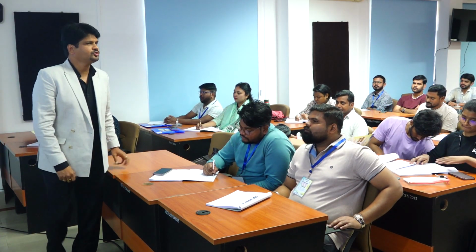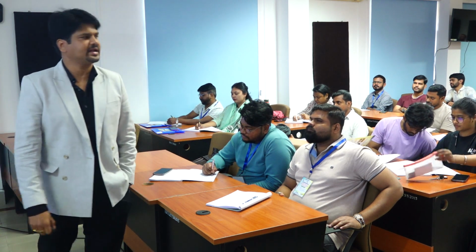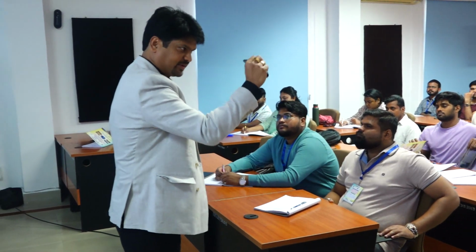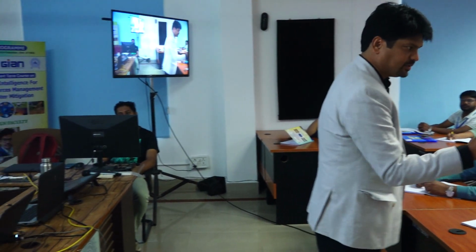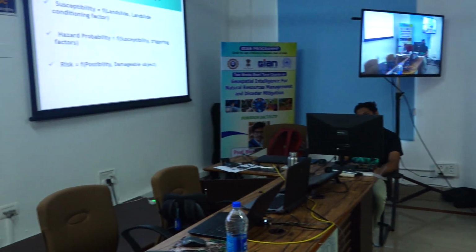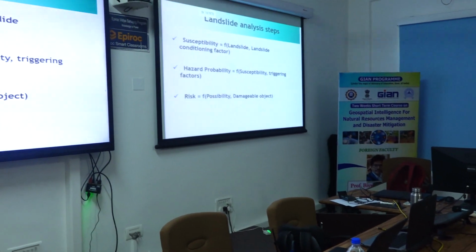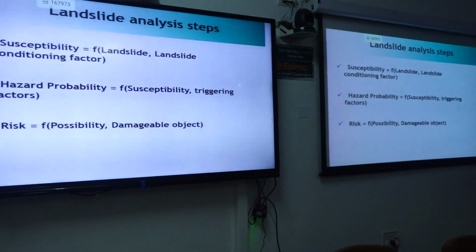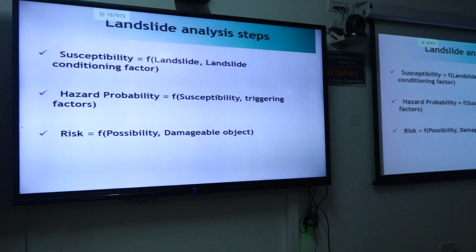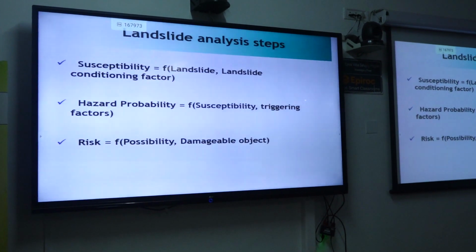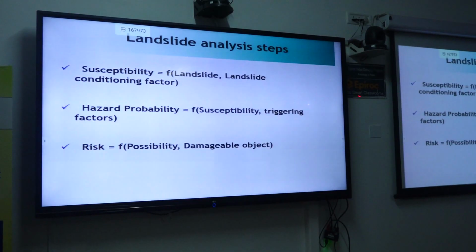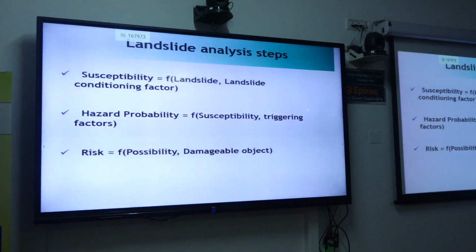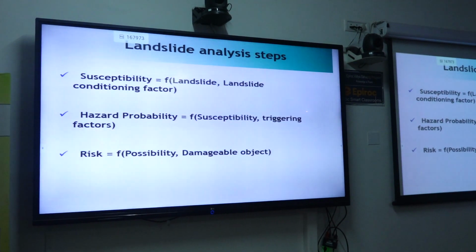So if you want to represent the landslide analysis steps, there are 3 steps. But forget about landslide. Any kind of assessment you do, landslide is just one of the examples. So this is not just for the landslide. You can do forest fire, flooding, soil erosion assessment, groundwater potential mapping, mineral prospectivity mapping, etc. So susceptibility is a function of inventory, landslide inventory, and the landslide conditioning factors.